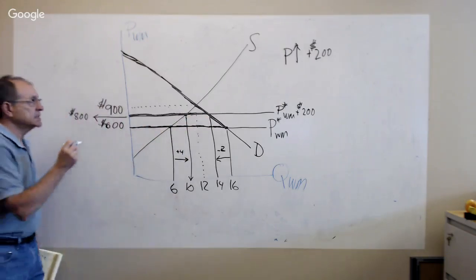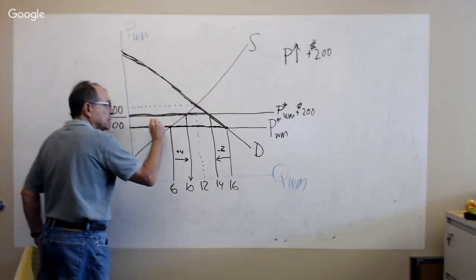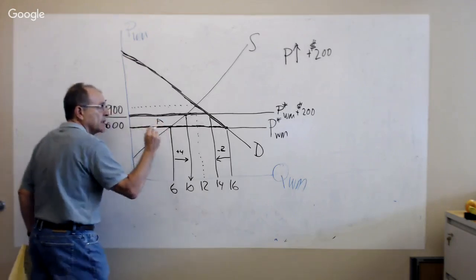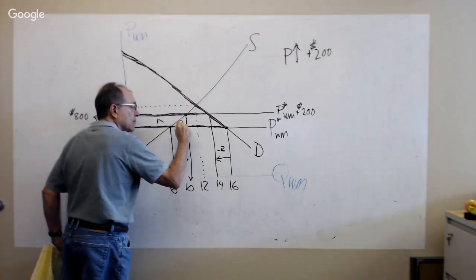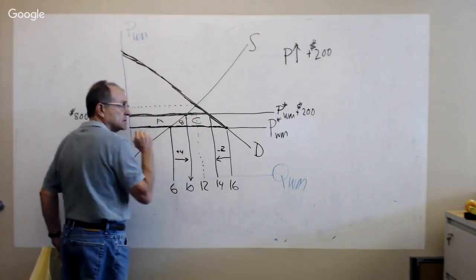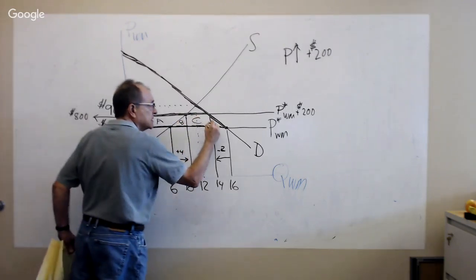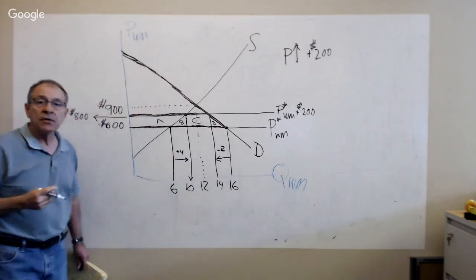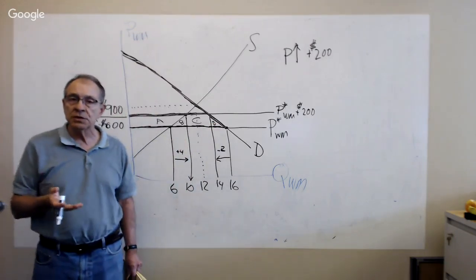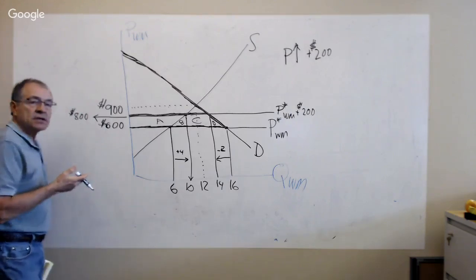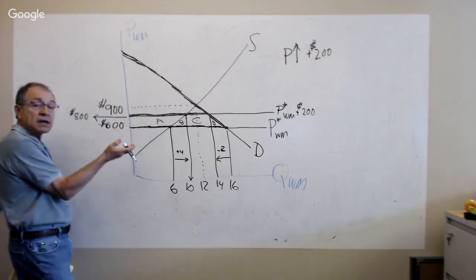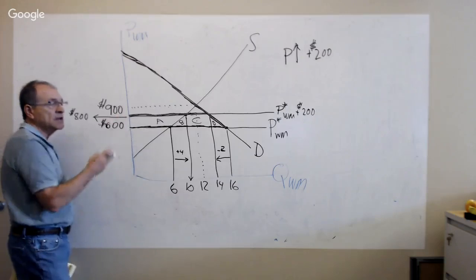To make things simple, we'll call this A, B, this rectangle C, and this D, right? Now, if we want to know the impact on consumers of the tariff, all we need to do is calculate the lost consumer surplus. We can do that in steps.